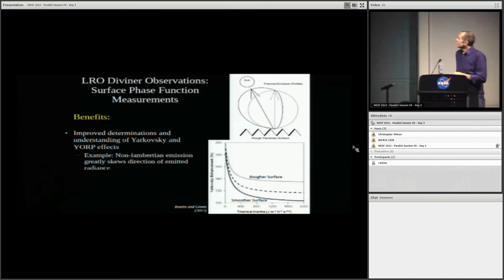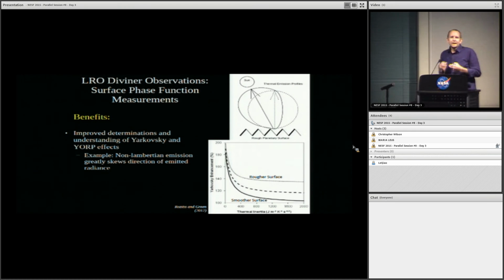Another benefit is improved determinations and understanding of Yarkovsky and YORP effects. Surface roughness very much causes the surface to emit radiance in a very non-isotropic way. I'm just taking figures cut out from a paper published in 2012. If we've got a rough surface, this illustration is trying to point out that the thermal emission profile is going to lean off towards the sun.